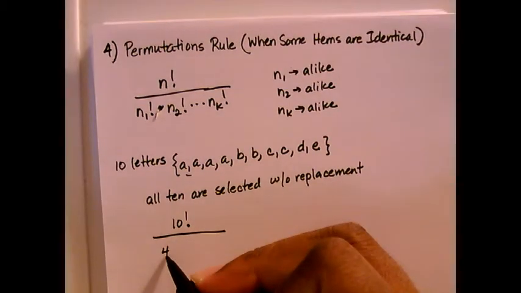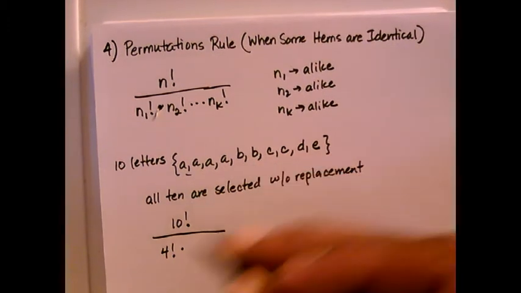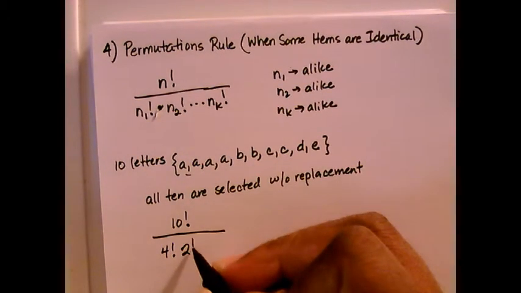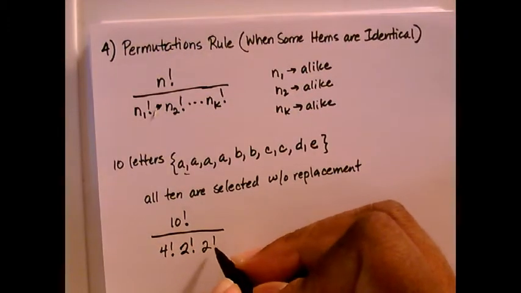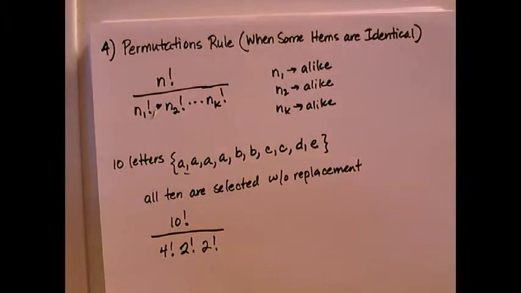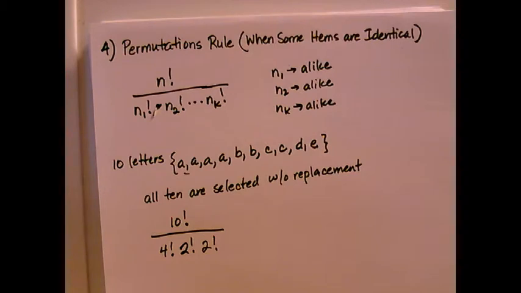So you can have 4 factorial, then times, there are 2 B's, that's going to be 2 factorial, and then you got 2 C's. That's another 2 factorial. Okay? That's how we set up that particular problem. Now, we don't do anything with the D and the E because there's only one D, so that's like 1 factorial, which is 1. And E, again, 1 factorial, that's also going to be 1.